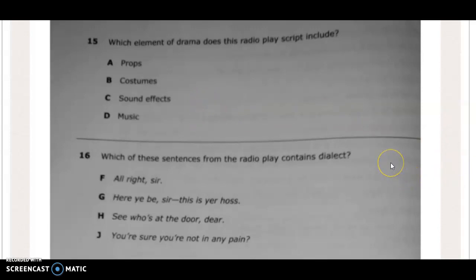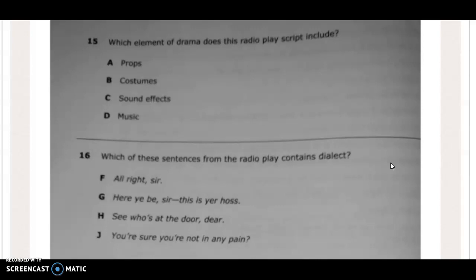Next question. Which of these sentences from the radio play contains dialect? Now remember, dialect is the way that someone speaks. It may not sound like what you're used to hearing, right? The dialect comes from a certain region maybe that a person is from. And so they may pronounce words differently.